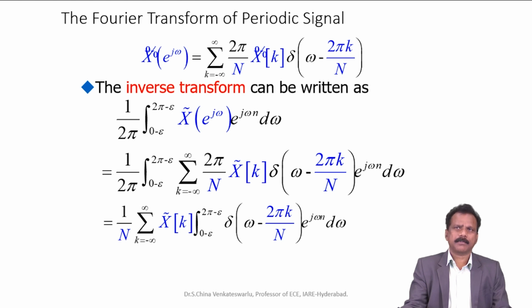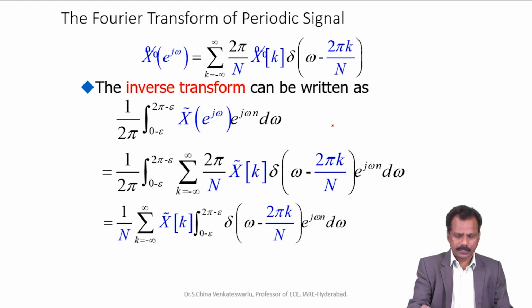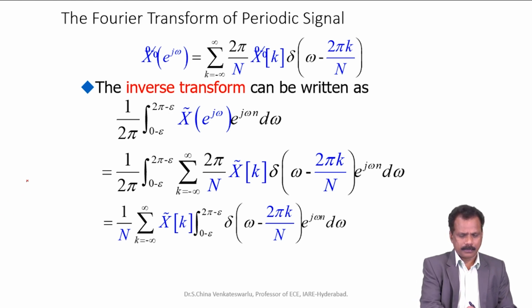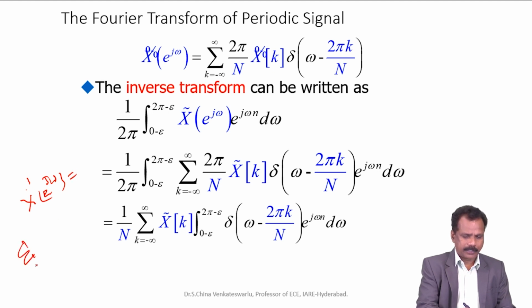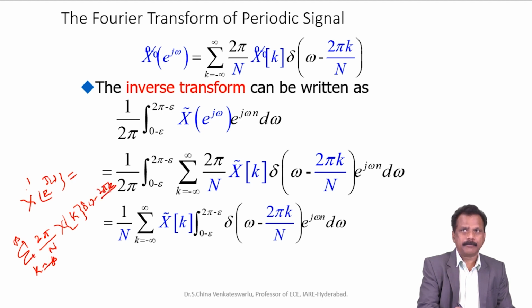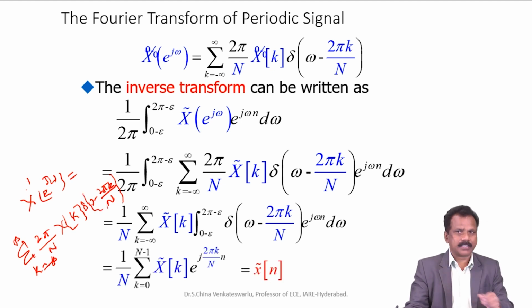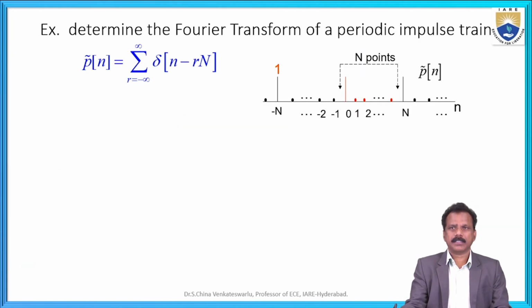Like this, the Fourier transform of the periodic signal, where X of e power j omega is equal to the summation where k equals minus infinity to plus infinity, 2 pi by capital N, X of k into delta of omega minus 2 pi k by capital N. Like this, x of n is ready to calculate.